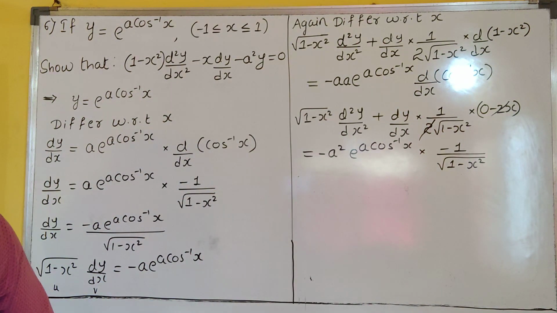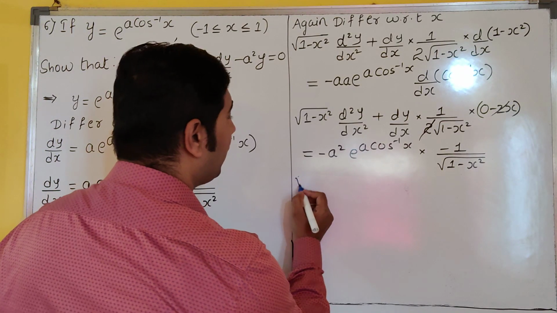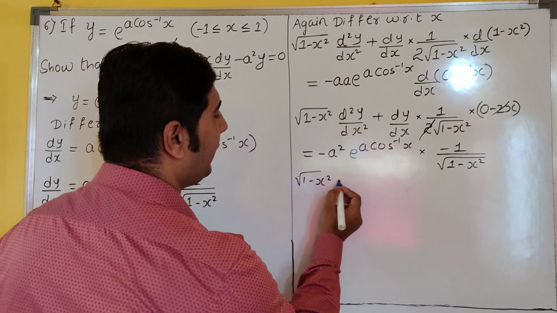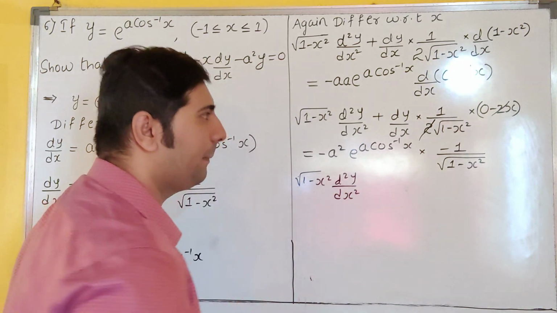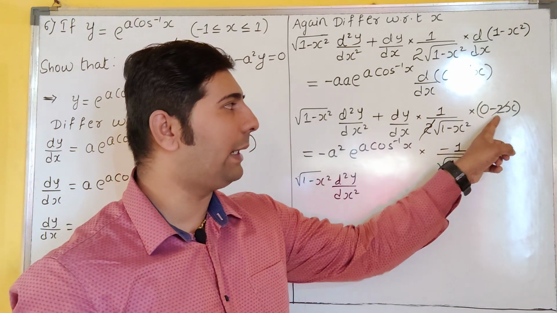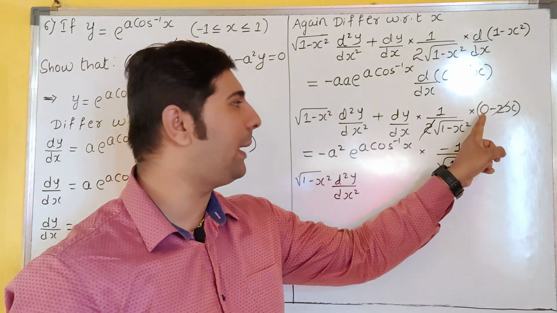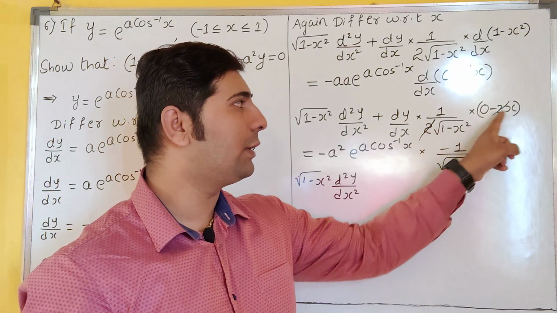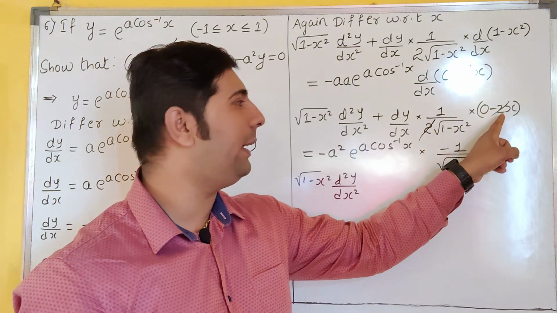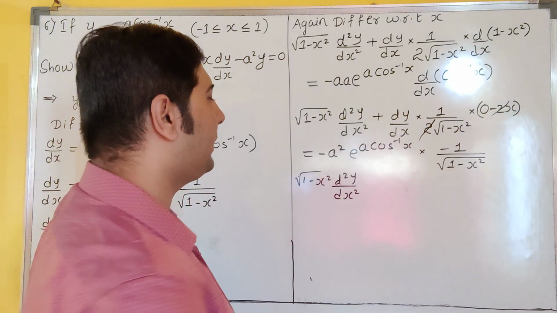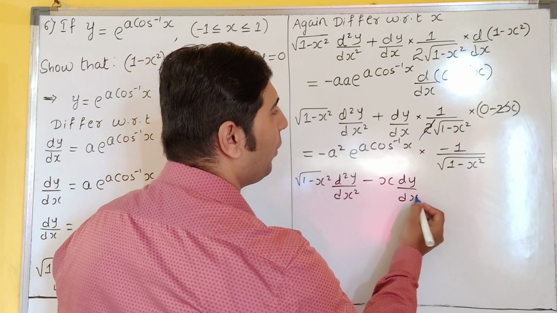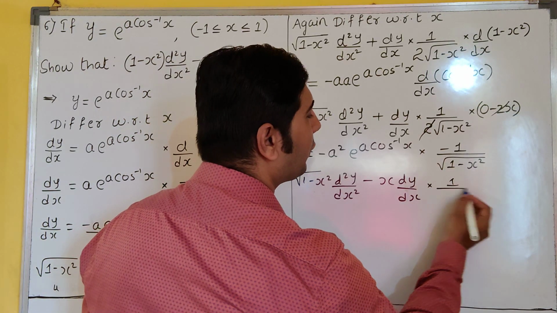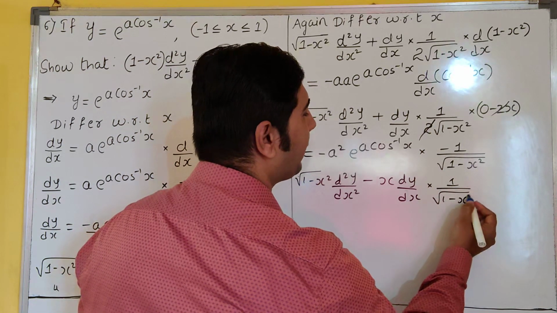So now see what we can do. Square root 1 minus x square d square y by dx square, dear students, plus into minus x. Here minus x is remaining. The 2 get cancelled, 0 minus x is there. Minus x into plus is minus x into dy by dx. What is remaining now? 1 upon square root 1 minus x square.